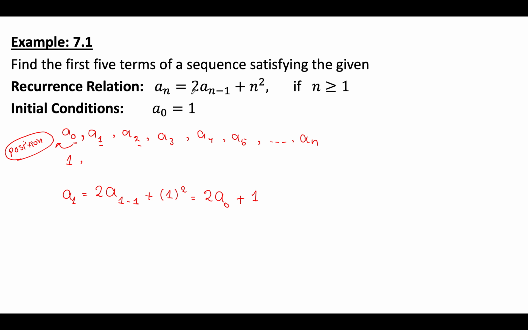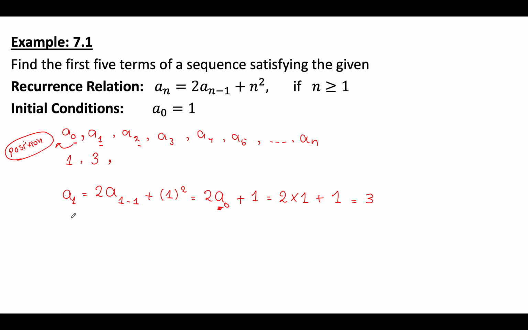Now from the question I can see that a0 is equal to 1. So this is equal to 2 times 1 plus 1, which is 2 plus 1, which is 3. Okay, so here we got that the second term in this sequence is equal to 3.